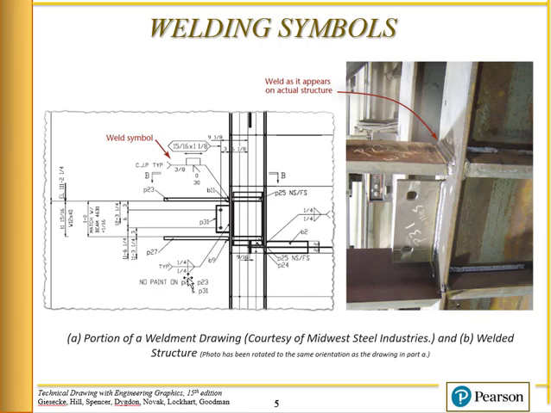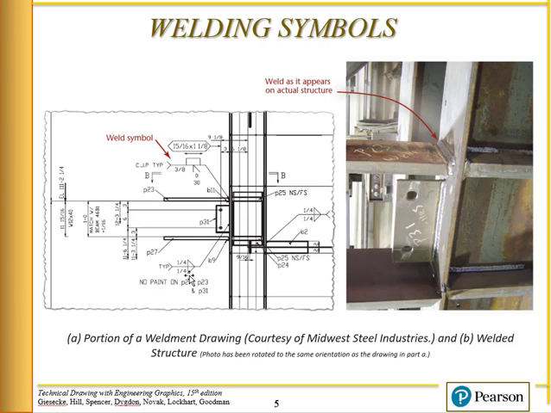These are fillet welds here. There's this little plate here, and this plate is welded to this bigger plate here. It's a fillet weld, it's on both sides, and 1/4 inch is the throat size of that fillet weld. Okay, so when I look at the symbol over here on the other side, if you notice, my 1/4 inch, the size of that, is still to the left of the triangle, and the triangle is still oriented the same way.